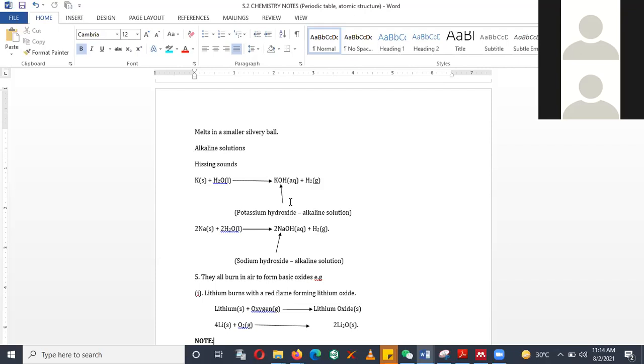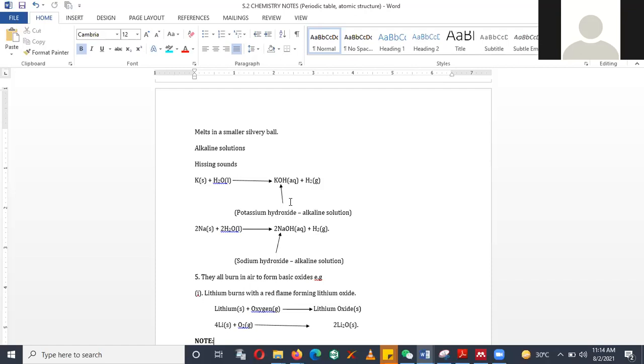The main point to take home today is that group 1 metals react with cold water, forming metal hydroxide and hydrogen gas. We studied observations last time, so you can go back and read about it. Next property: they all burn in air to form basic oxide.